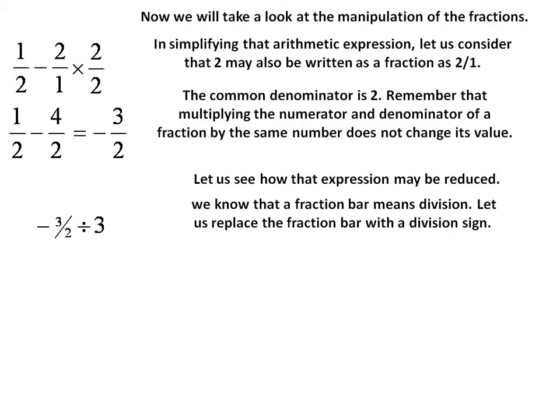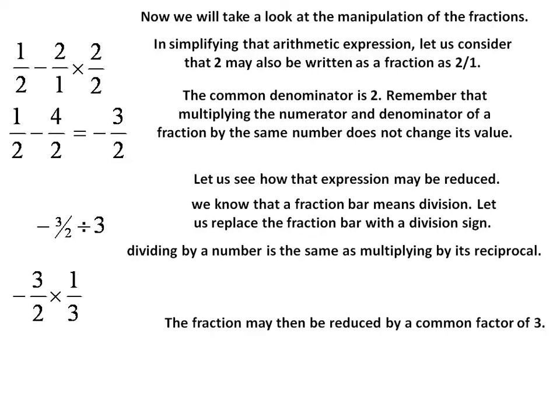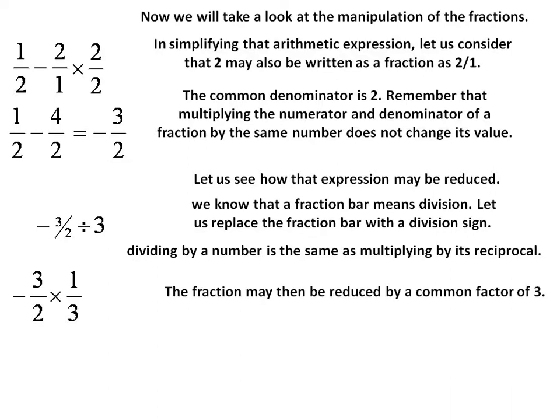Go ahead again and say that dividing by a number is the same as multiplying by its reciprocal. And the reciprocal of 3 is 1 over 3. So we have negative 3 over 2 multiplied by 1 over 3. Then the fractions may be reduced by a common factor of 3, as we can see, and the answer is negative a half. So we have negative a half right there. Is the result? There's no difficulty seeing how we arrived at it.